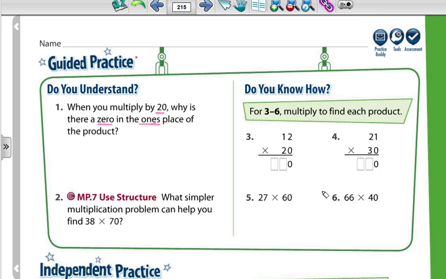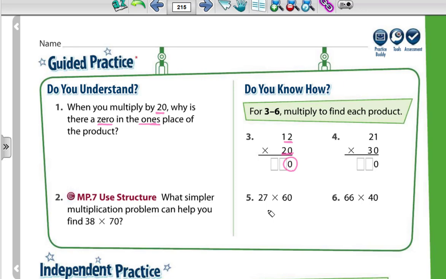I think because 2 multiply 0 equals 0. Good, this is a good idea. But what if you are multiplying 2 digits like 12? Like this one, 12 times 20. Why do we have 0 in ones? Because there is 0 and 2 multiply by 0 equals 0.